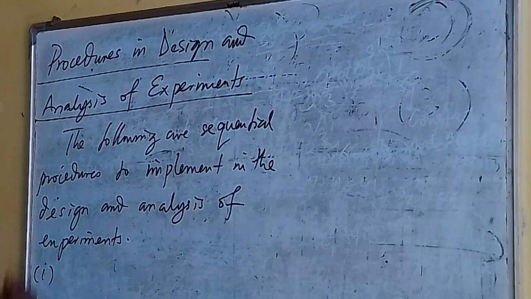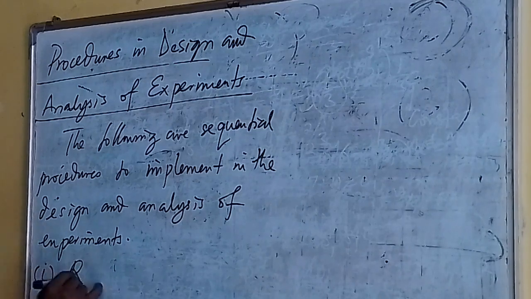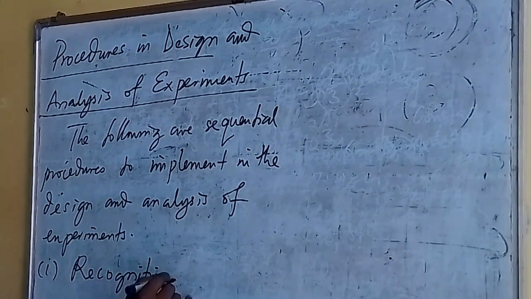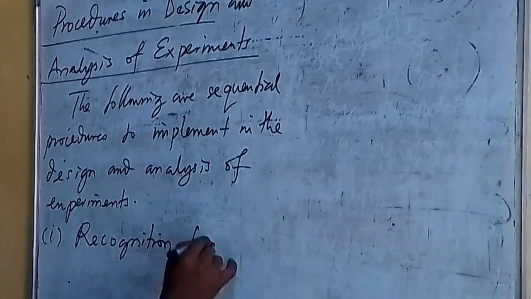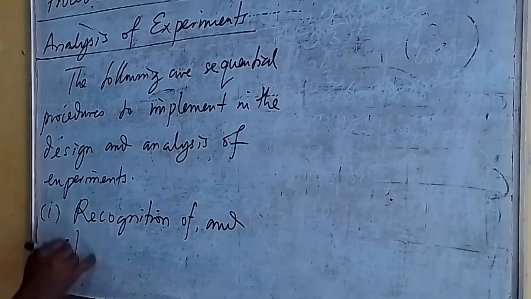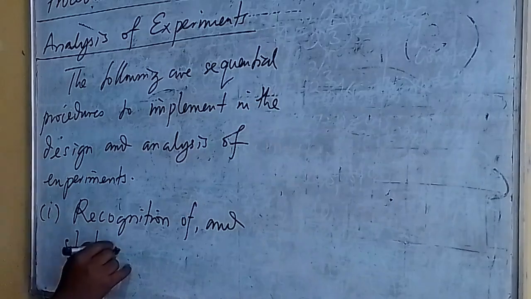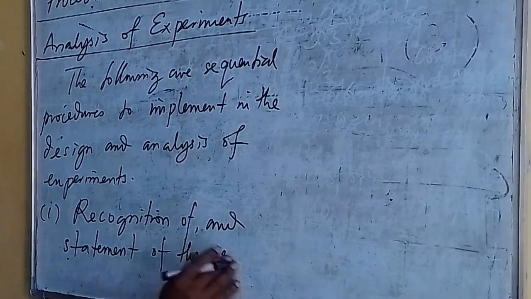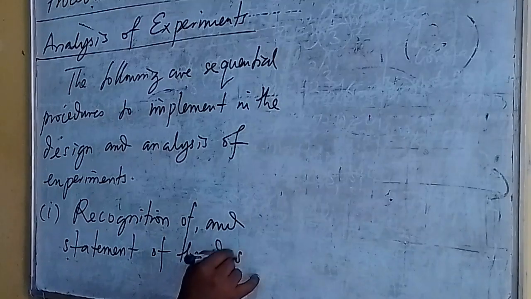So recognition and stating the problem is the first stage in experimental design. So we'll put the recognition of and statement of the research design problem.